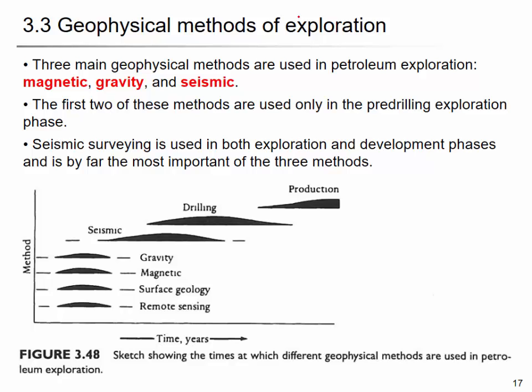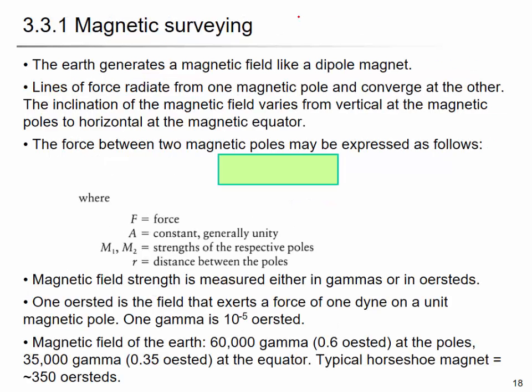So this tells you about very large scale geologic structure or geologic anomaly. And seismic can be very accurate, so it can give you very high resolution information. So the seismic surveying is used in both exploration and the development phase. It's by far the most important among the three methods.